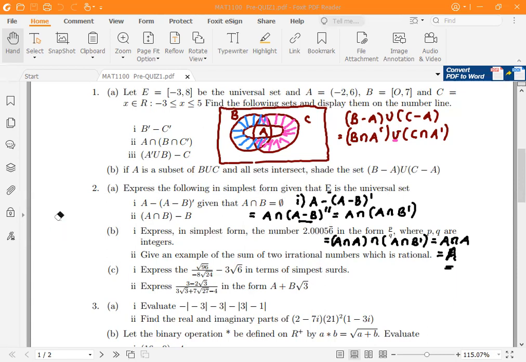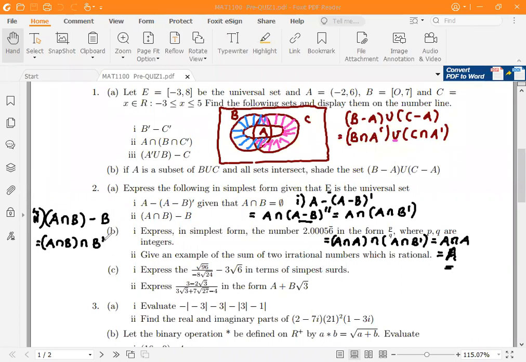The second one, part 2. A intersection B minus B. So this is the same thing as A intersection B intersection B complement.